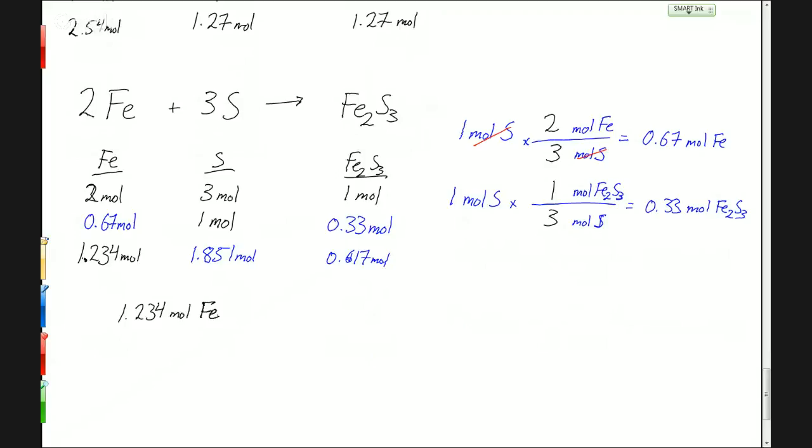It's always good to keep track of your units, make sure you know what you're talking about. And then that's going to get converted by that type of a formula because we want to go to S from Fe. And the equation tells us that that is 2 to 3. So we get that kind of a result.